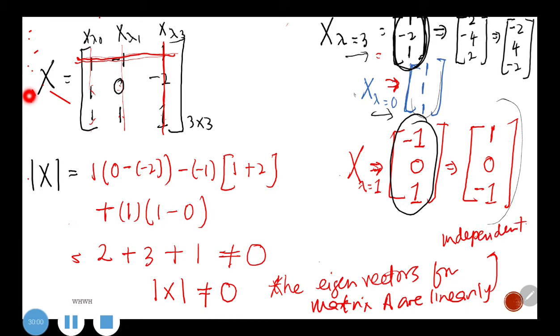Okay, kan soalan dia to show that the eigenvectors are linearly independent. So we have shown here all the 3 eigenvectors. We put in a matrix, okay, 3 times 3 matrix. We call it big X here. We find its determinant, and we found that its determinant does not equal 0. So maknanya they are linearly independent.